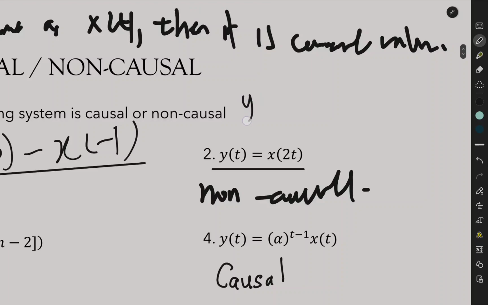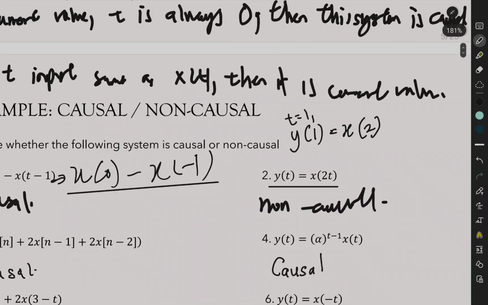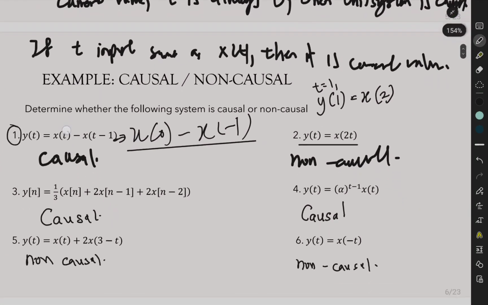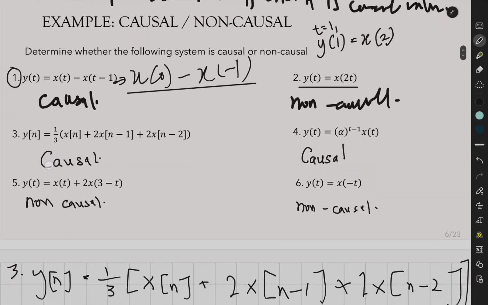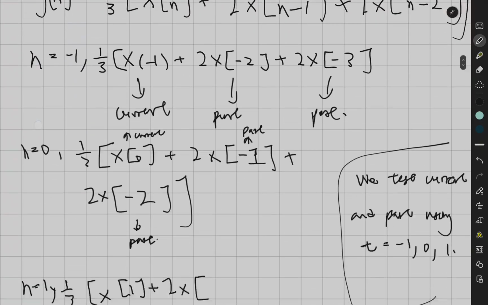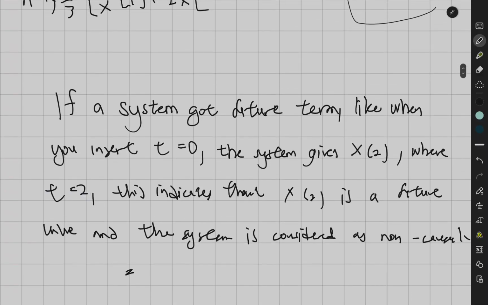If I substitute t equals 1, it will output x(2). So this is a non-causal system, because the system outputs a value at t equals 2. As a quick reminder, when the system has future output, the system is considered non-causal.